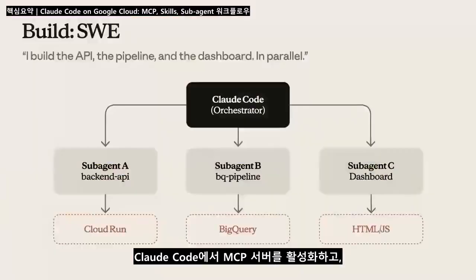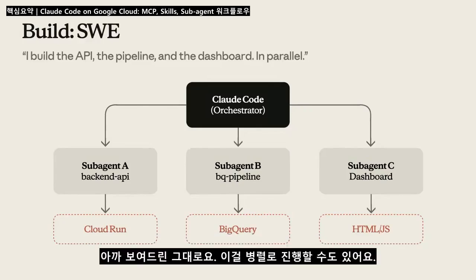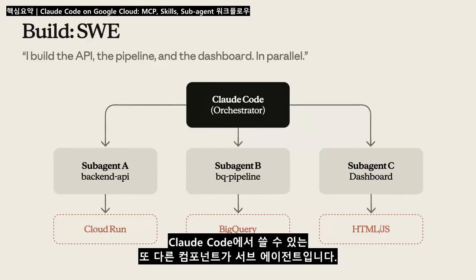So once you get Claude Code enabled with the MCP server of the documentation and the skills that I just mentioned, you can just directly implement the architecture that I was showing you before, and you can do this in parallel. So another component that you can use in Claude Code is sub-agents.